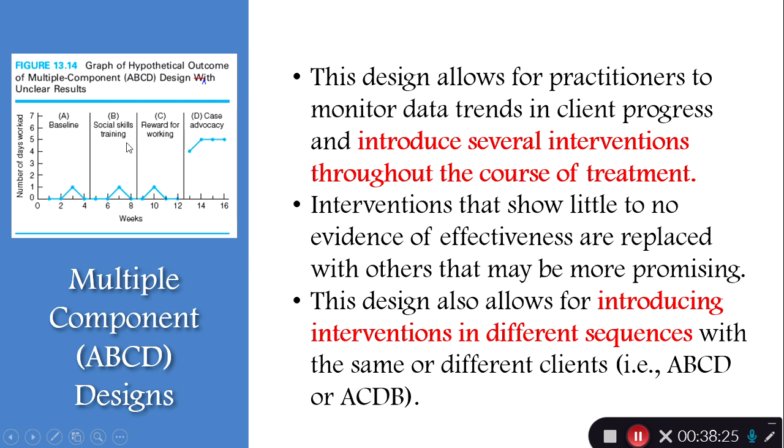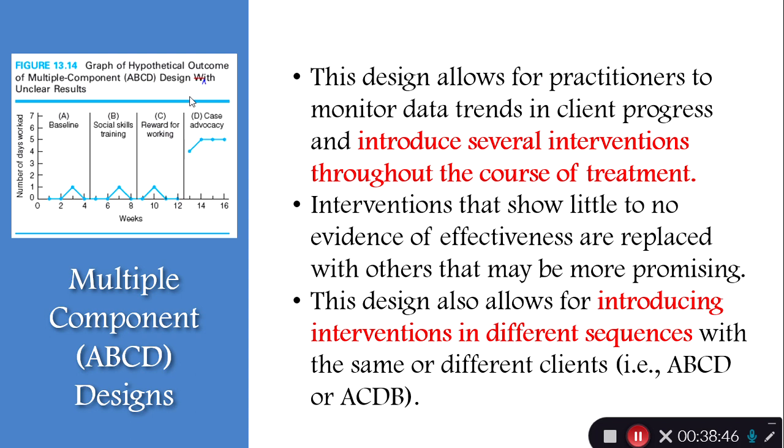And we're able to make modifications or changes to the interventions that we're introducing our clients to, because, for example, if we find that perhaps social skills training is not working, then maybe we can try something like case advocacy, right? So this kind of design allows for introducing several types of interventions throughout the course of treatment.